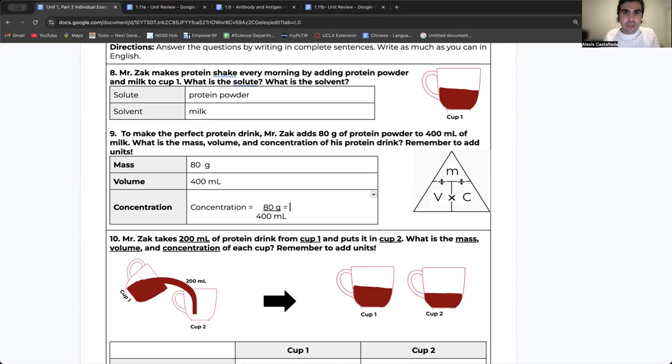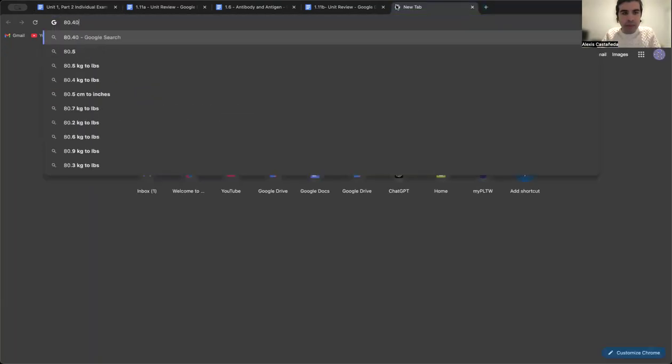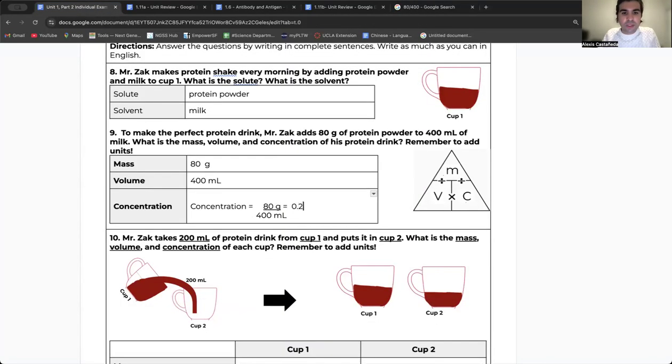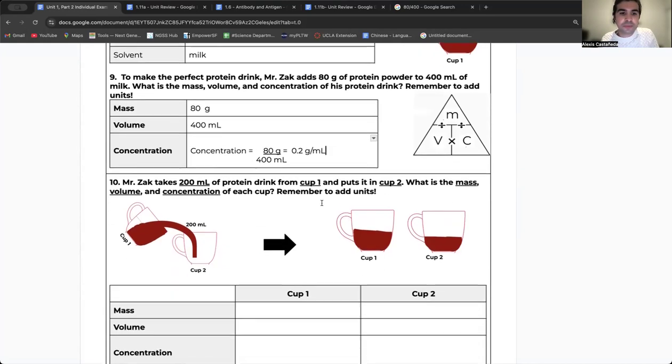Put 80 divided by 400 into a calculator, and we're left with 0.2. So I have 0.2 grams per milliliter. That is the concentration of the protein drink.